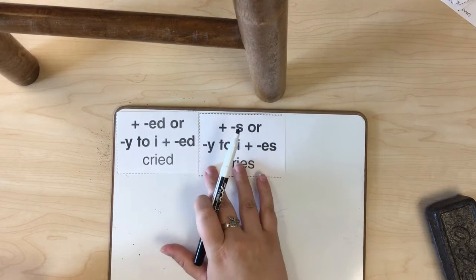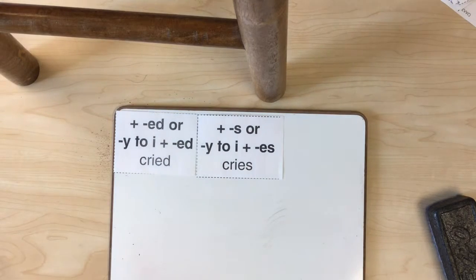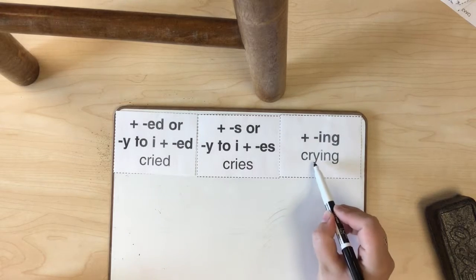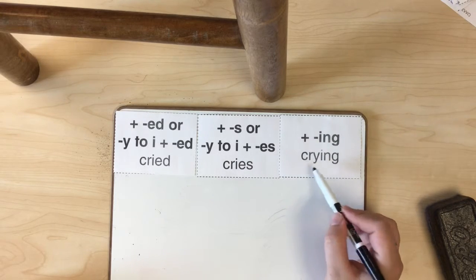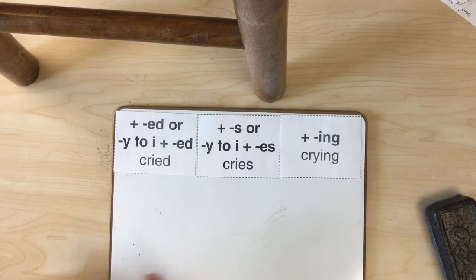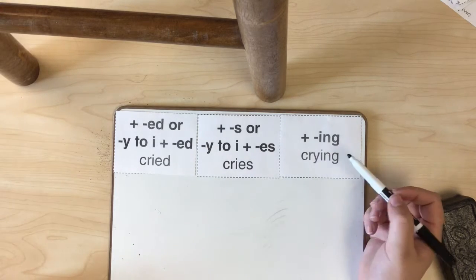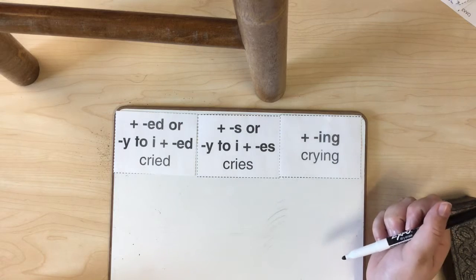Same thing with adding the S. You change the Y to an I, add ES, which we talked about last week. But when you add an ing to the word that ends in a Y, the spelling of the base word doesn't change at all. For any of the words that you add an ing to, if the word ends in Y, the spelling of the base word stays exactly the same.